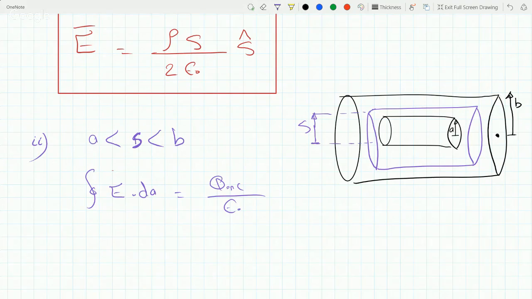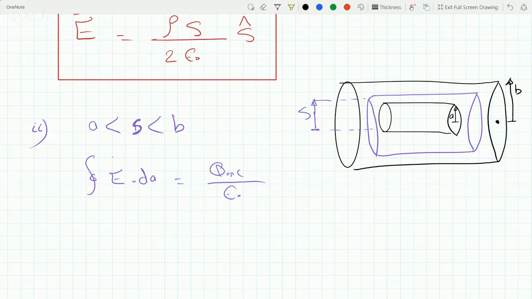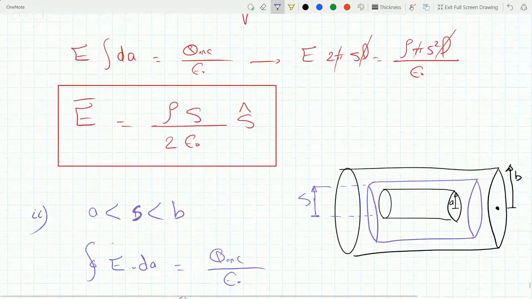However, my Gaussian surface is enclosing the entire internal cylinder, which means I will get the entire charge of the internal cylinder in my Q enclosed. And so Q enclosed will be the integral of rho d tau.